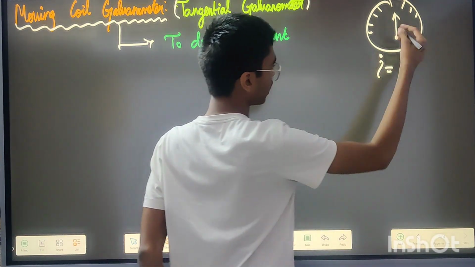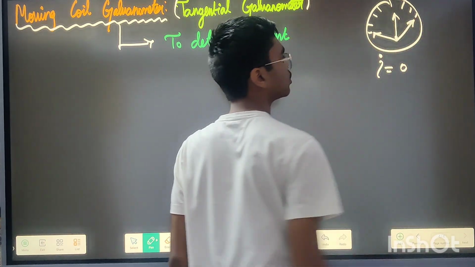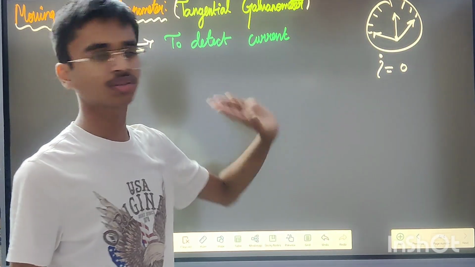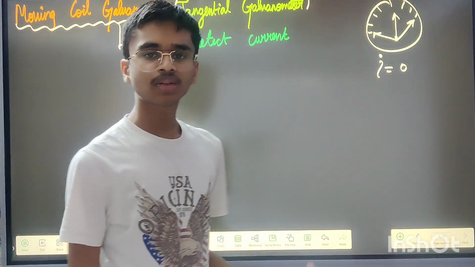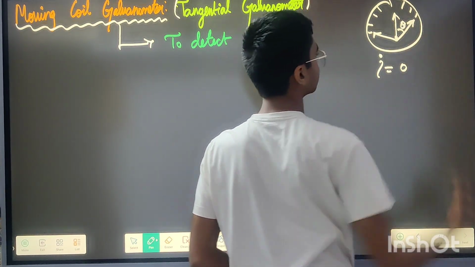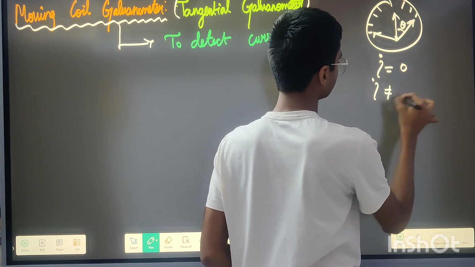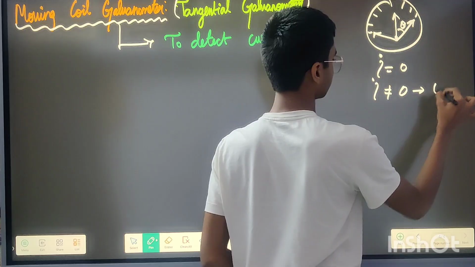When there is some deflection, to this side or that side depending upon the direction of the current, let this be theta. Then that means current is not equal to 0 when there is a deflection theta.